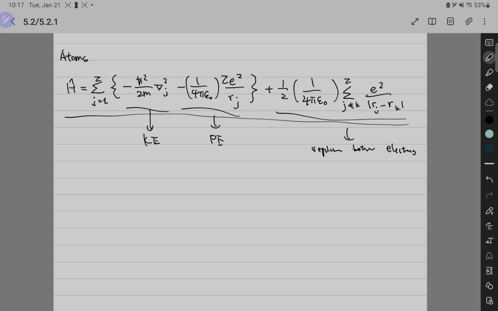Meaning that for the Hamiltonian for all the atoms, only hydrogen has an exact analytical solution. Whereas in the other case, where you have multiple electrons, which we're going to talk about in a bit using the example of helium, there is no exact analytical solution.